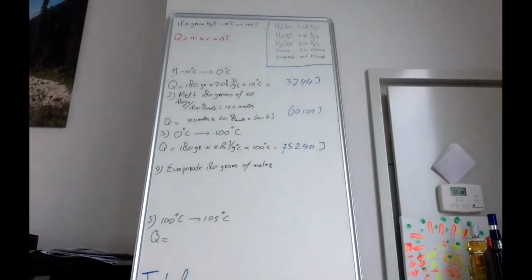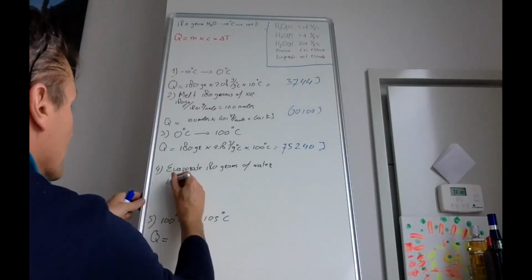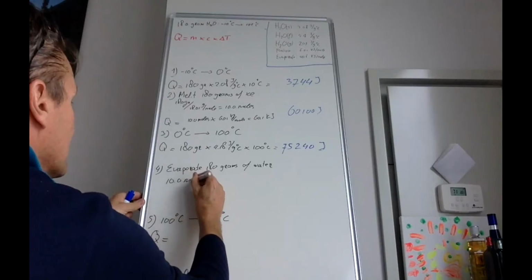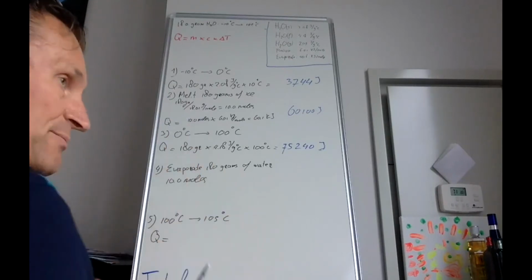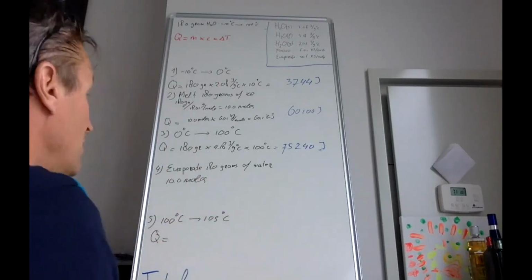And now I have to evaporate everything. So the 180 grams, or I have 10.0 moles, already calculated that. And I have to use the heat of evaporation that's expressed in kilojoule per mole.